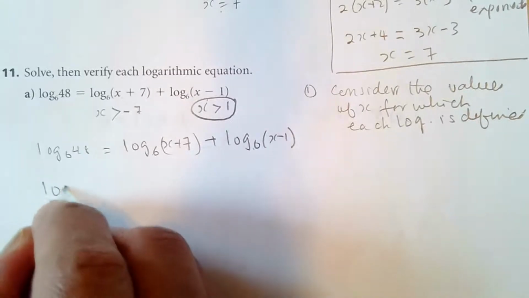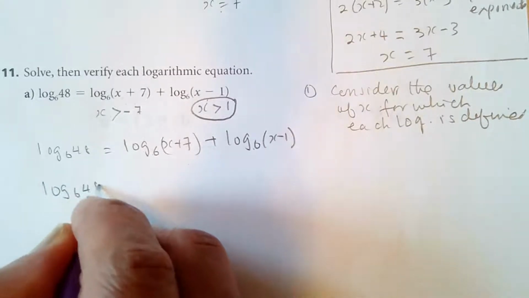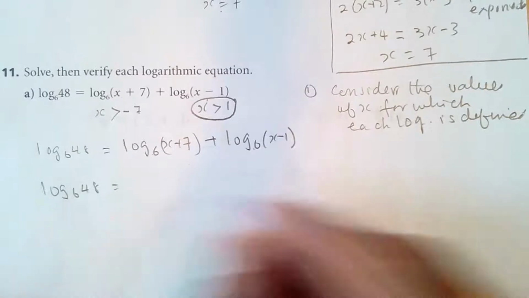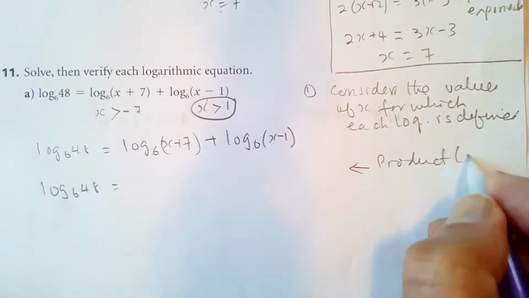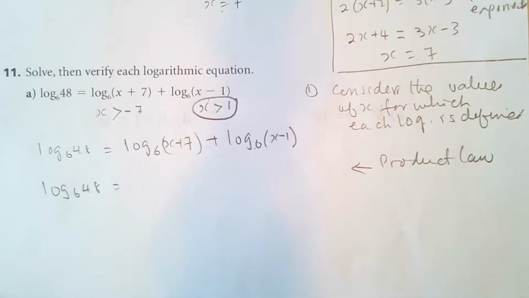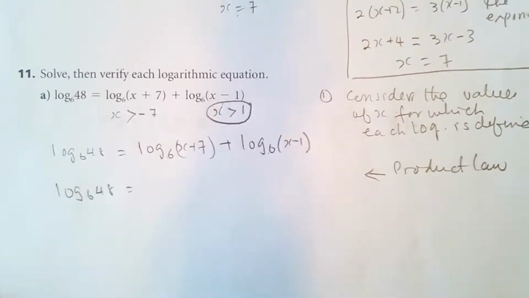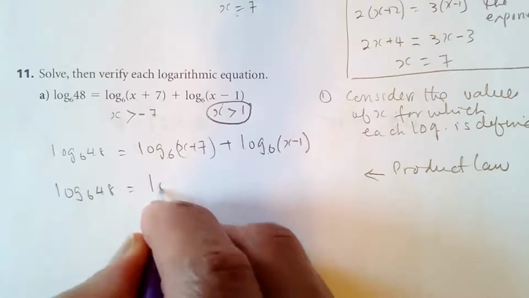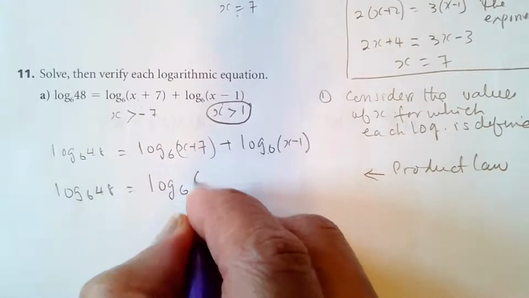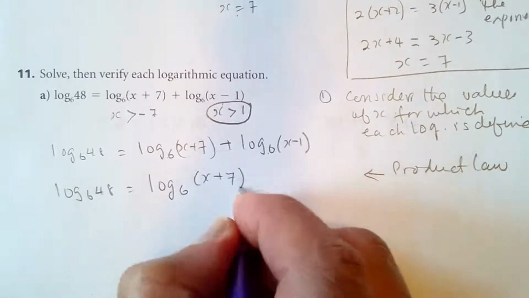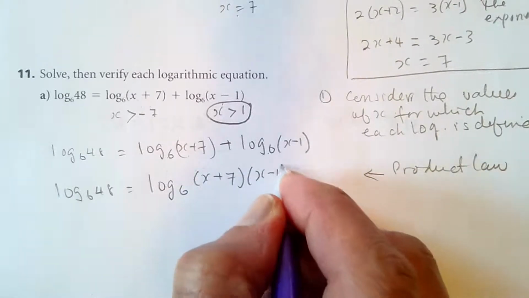So we have log 648 is equal to, using the product law, log 6 of x plus 7 times x minus 1.